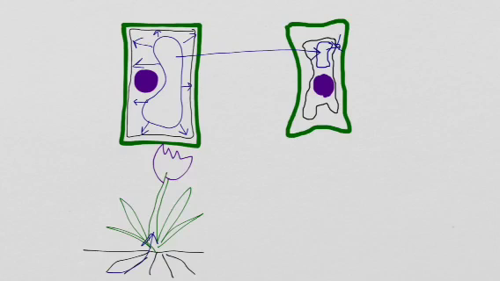As a result, the cell wall will start to buckle, which means it will start to collapse in on itself. And the actual physical result of this is you tend to have a very droopy plant.